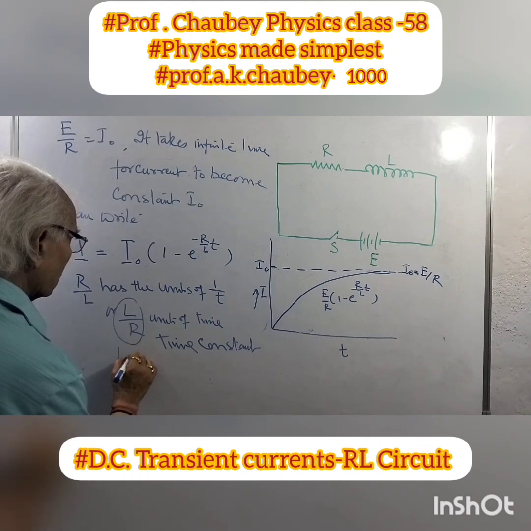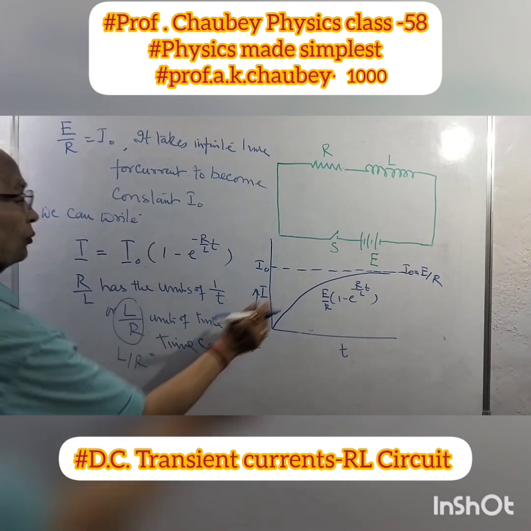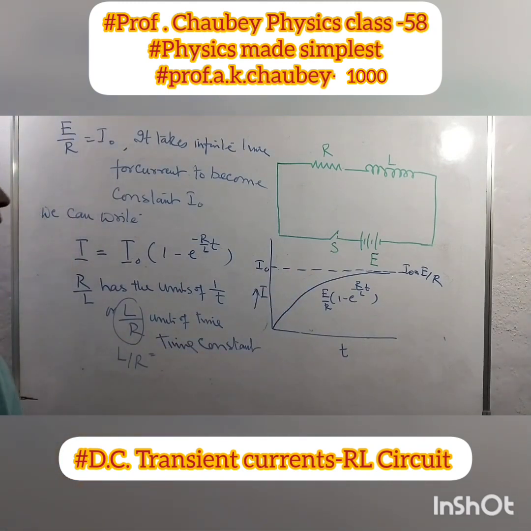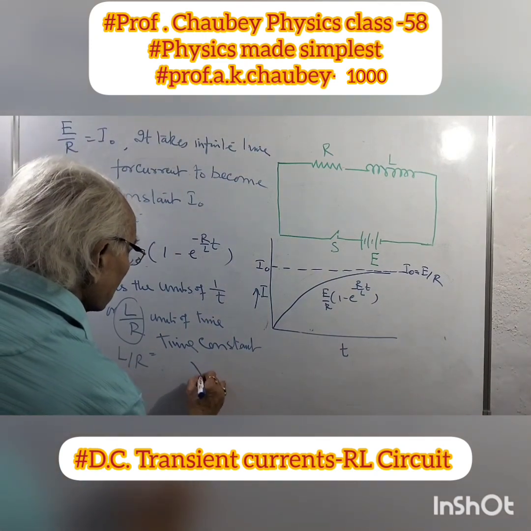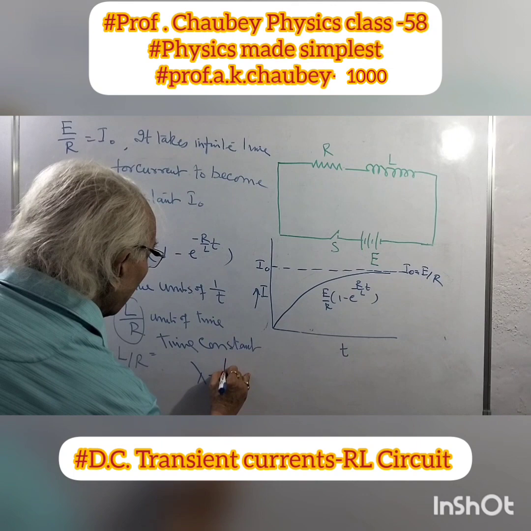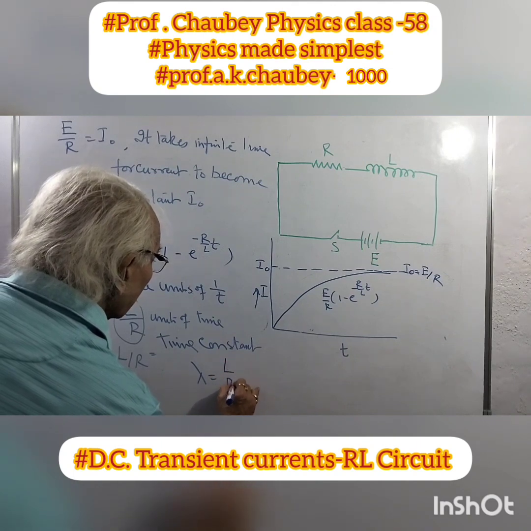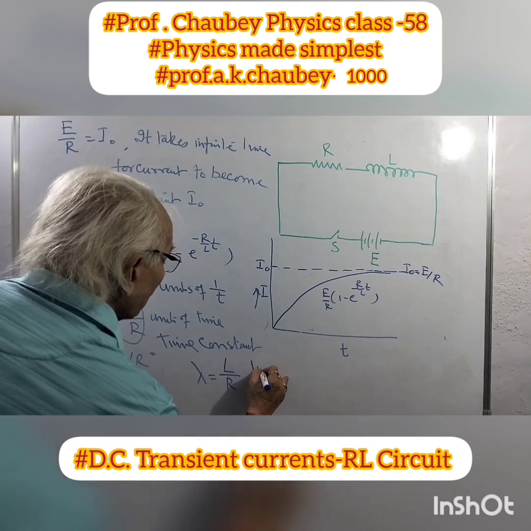L over R is the time constant of the circuit. It has dimensions of time, that is how the current builds up and how much time current takes to become constant. So that is the time constant. This is called time constant, or we write lambda. Lambda is equal to L over R, time constant.